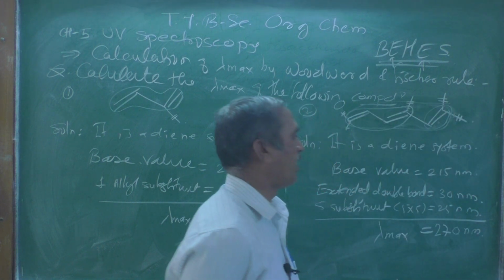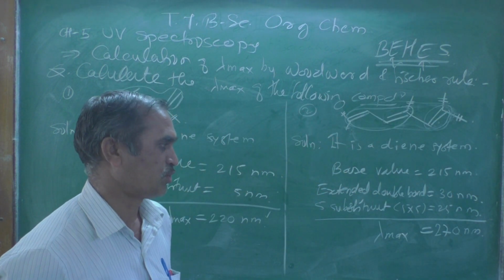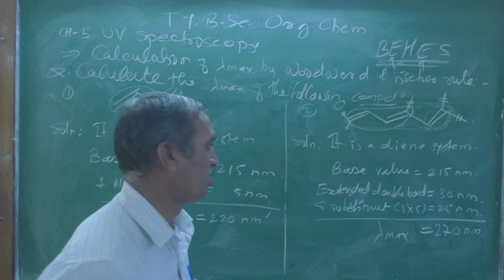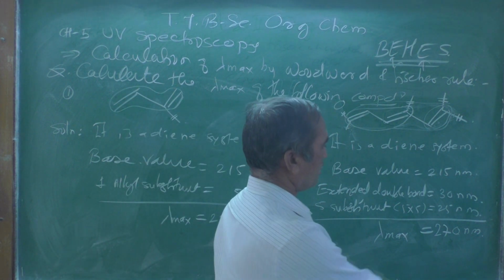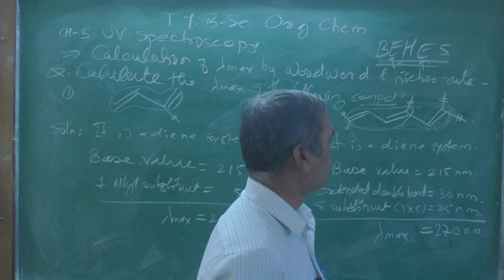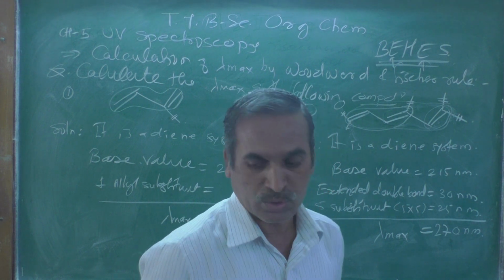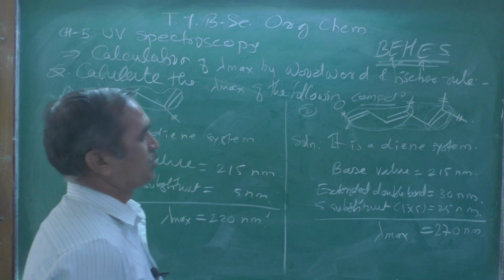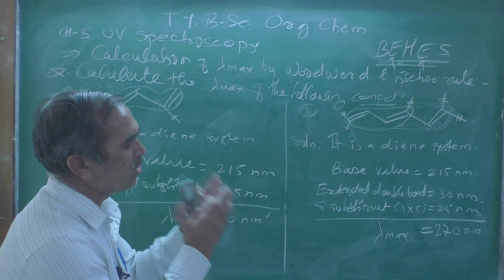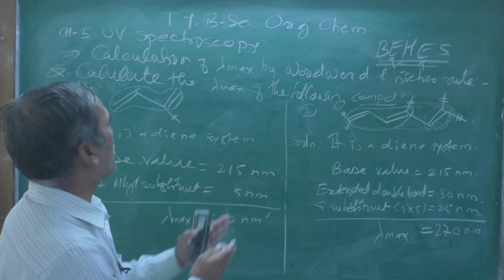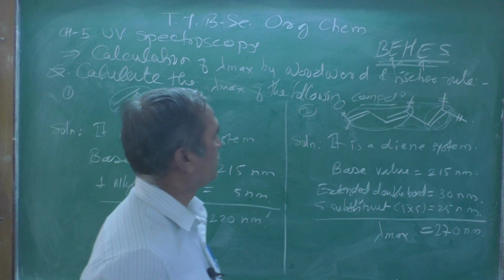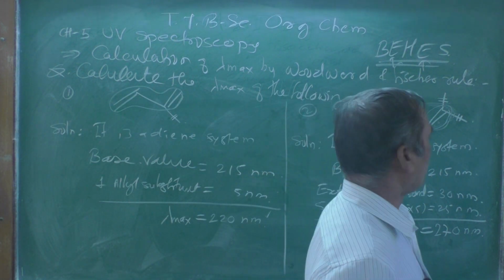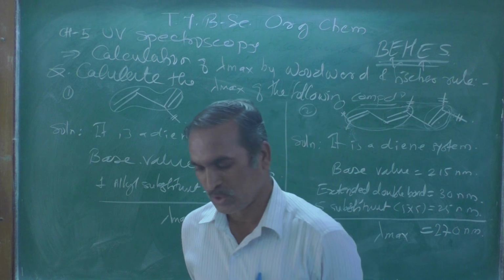If you solve like this, you will get 2 marks. For the base value, 1/2 mark, and then for the rest you have to go on adding, and you will get the marks accordingly. So this is the way of solving the problem by using the Woodward-Fieser rule.